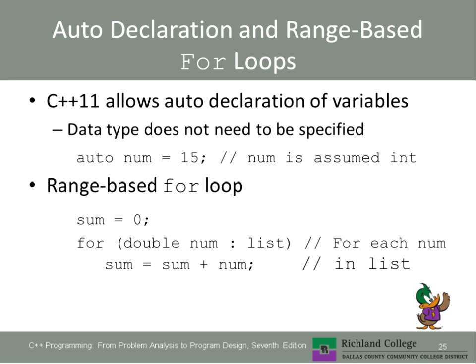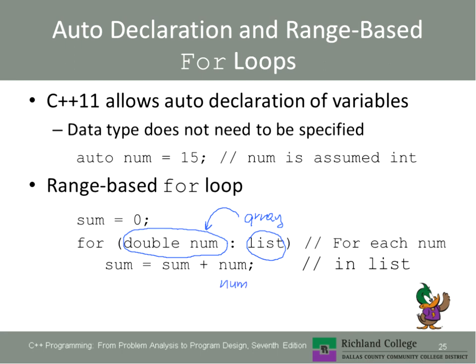So we need to look at that this is the variable that will hold each one of the elements from the array. So this is the array that we want to process. Now this array is going to store each one of the elements in num.